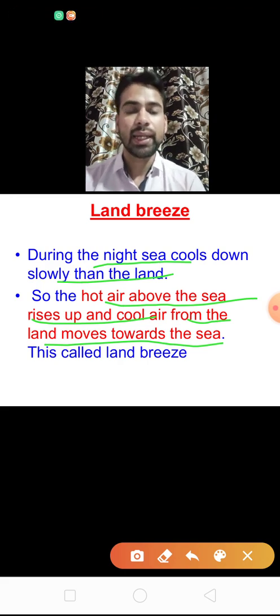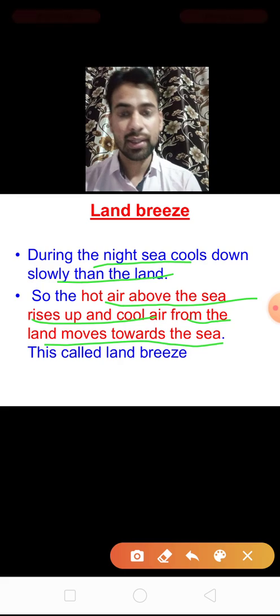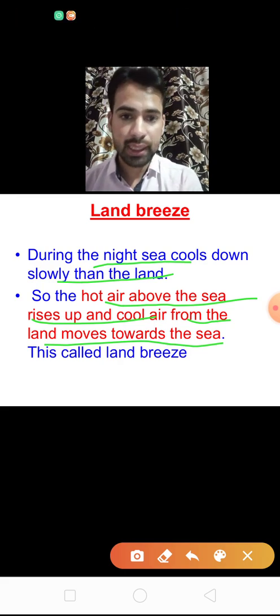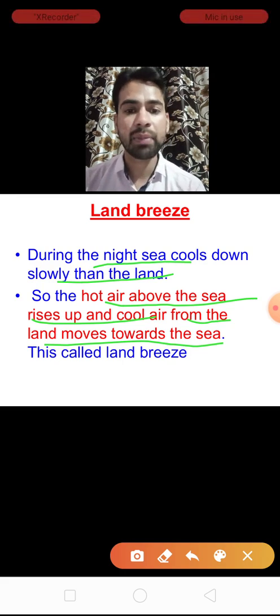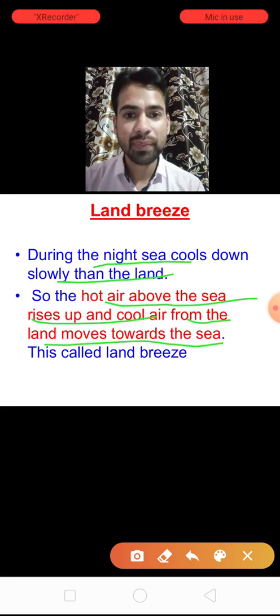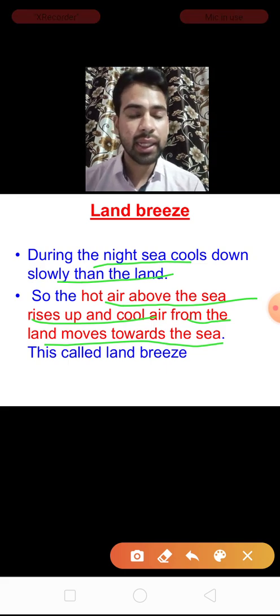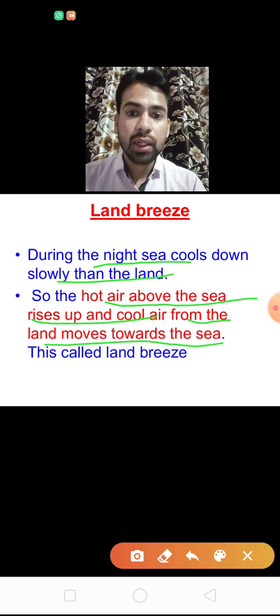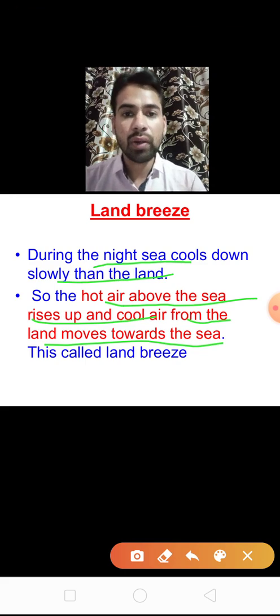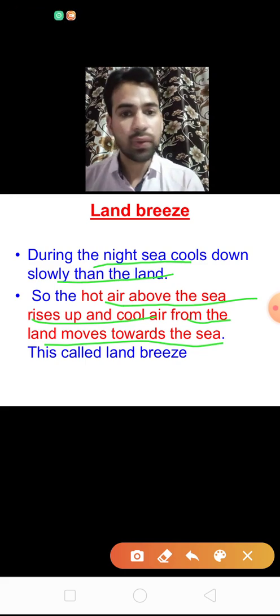In sea breeze we have seen that the cool air from the sea moves towards the land, but in land breeze the cool air from the land moves towards the sea. In land breeze the air moves to the sea, and in sea breeze the air moves to the land. Okay, clear?